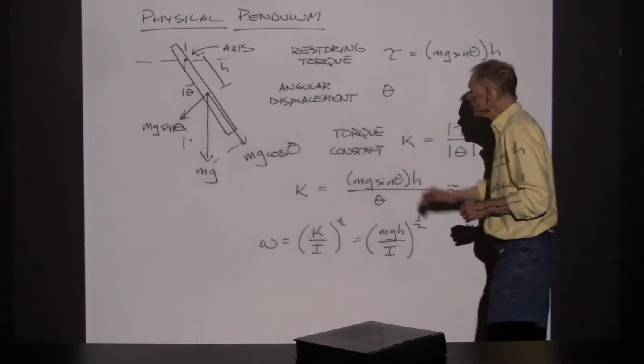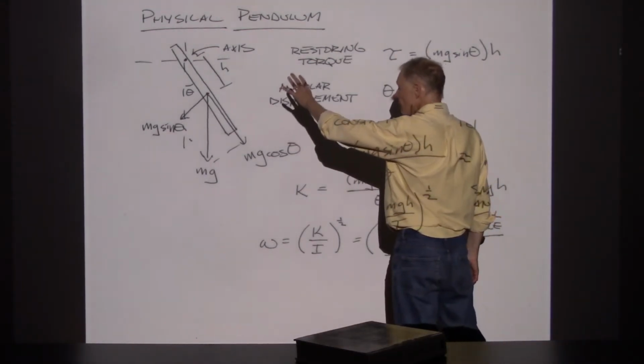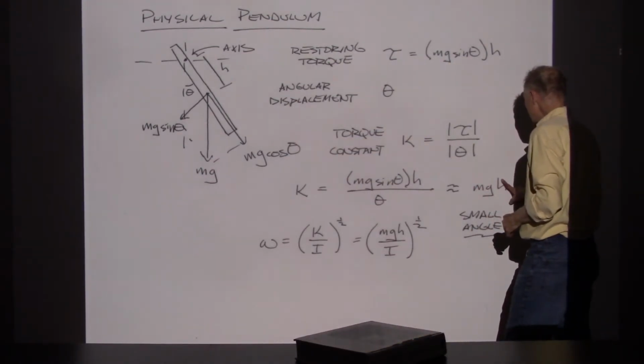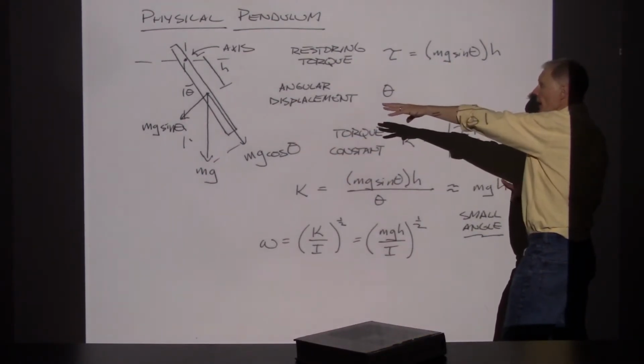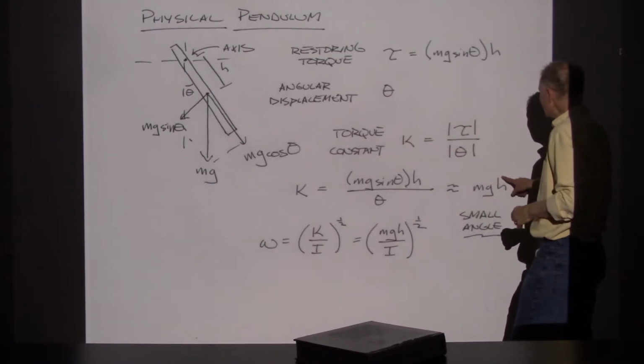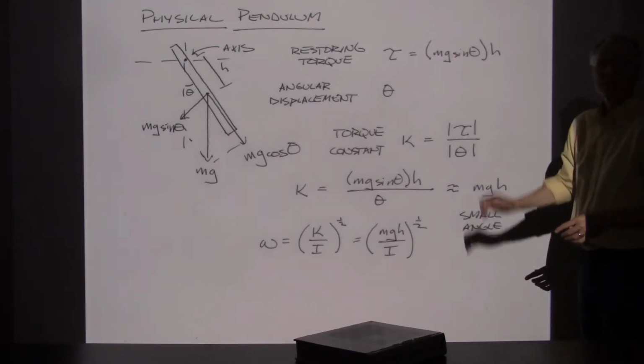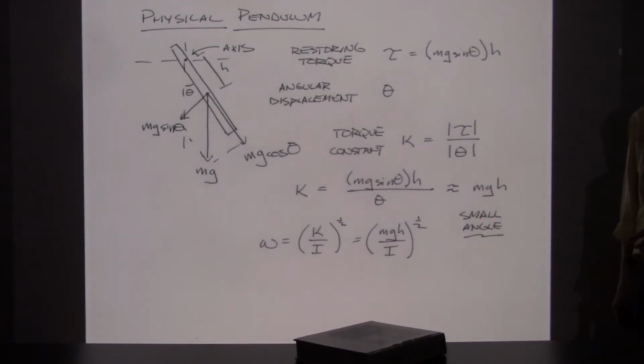So those go away. It says that the torque constant for my physical pendulum will be mgh, where m is the mass, g is the gravitational field, and h is the distance between the center of mass and the axis of rotation. So it's the axis of oscillation, let's call it.